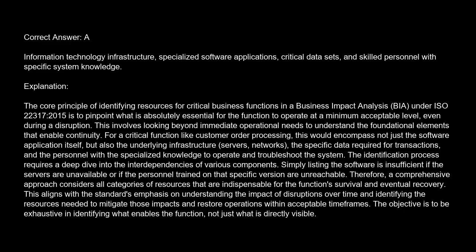Correct answer is A. Information technology infrastructure, specialized software applications, critical data sets, and skilled personnel with specific system knowledge. Explanation. The core principle of identifying resources for critical business functions in a business impact analysis, BIA, under ISO 22317-2015, is to pinpoint what is absolutely essential for the function to operate at a minimum acceptable level, even during a disruption.